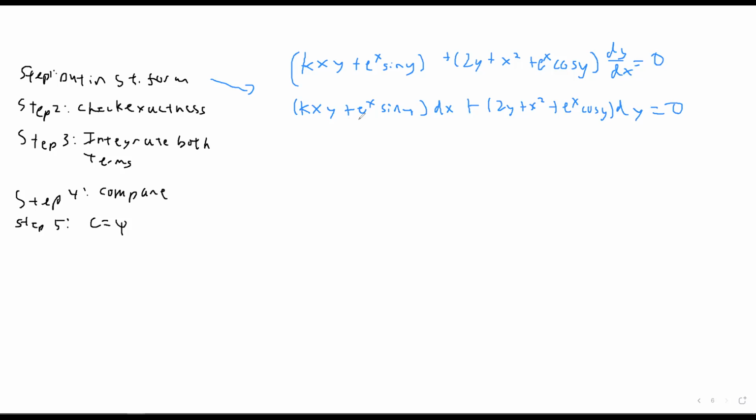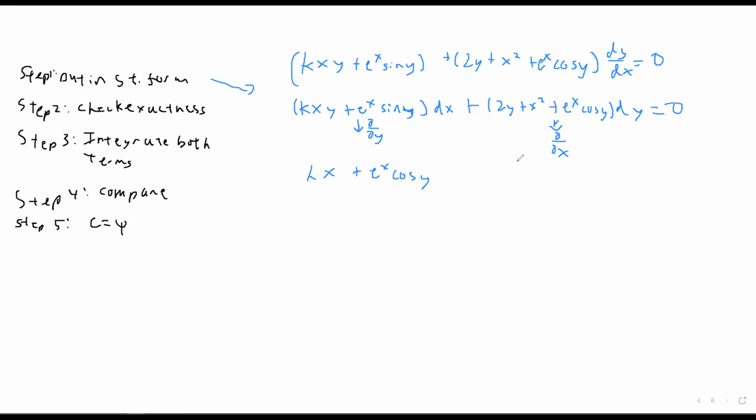Now we check exactness. To check exactness, you take the partial derivative with respect to y of the x term and the partial derivative with respect to x of the y term. The partial derivative with respect to y of this term here is kx plus e to the x cosine y.